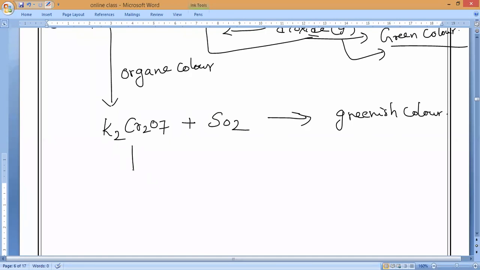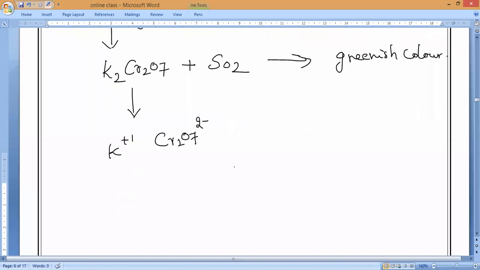So now how does the formula come? Anybody? Potassium is +1. Dichromate, what is the valency? Cr2O7 2 minus. Clear? So if you exchange in the crisscross method, we get K2Cr2O7.